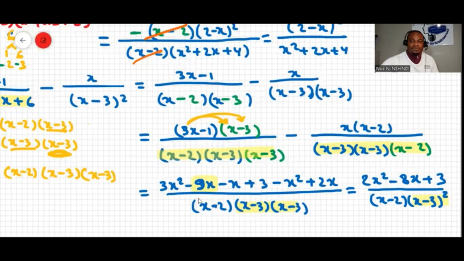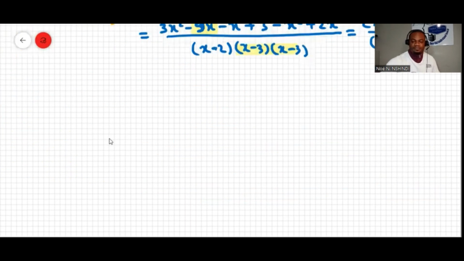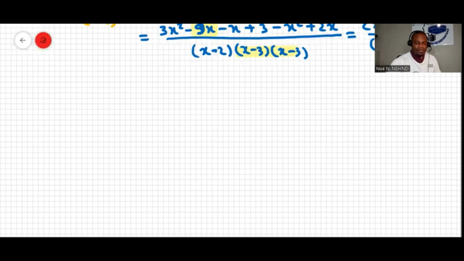Well, now we can do question 9. Question 9 says x to the power of 4 minus 16 over 16x divided by 4x squared plus 16 over 4x squared.